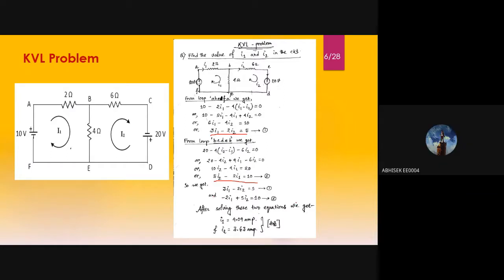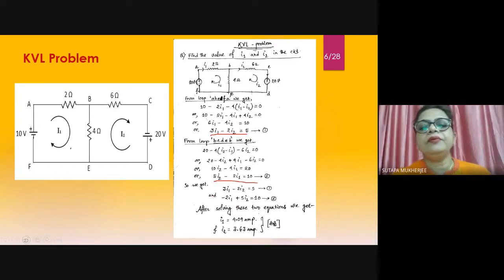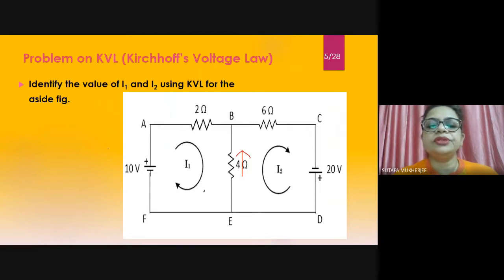Fine. So you have got the solution for this circuit, the value of I1 and I2.